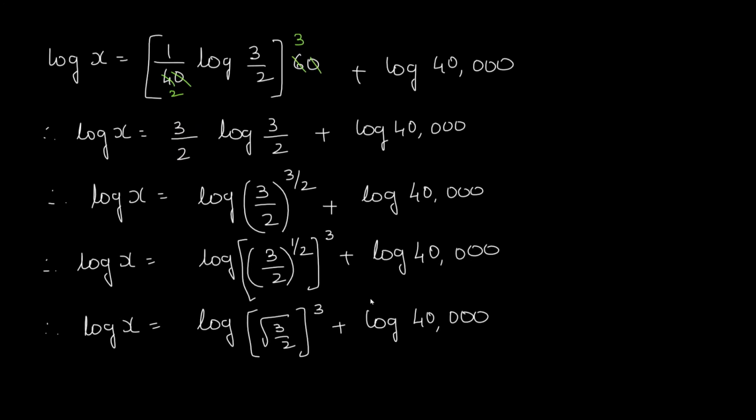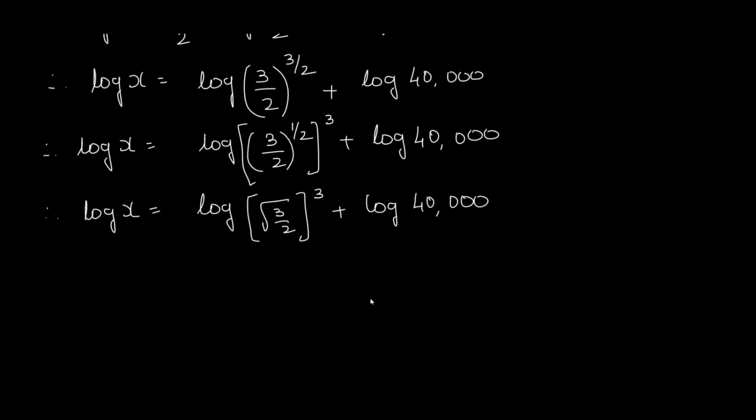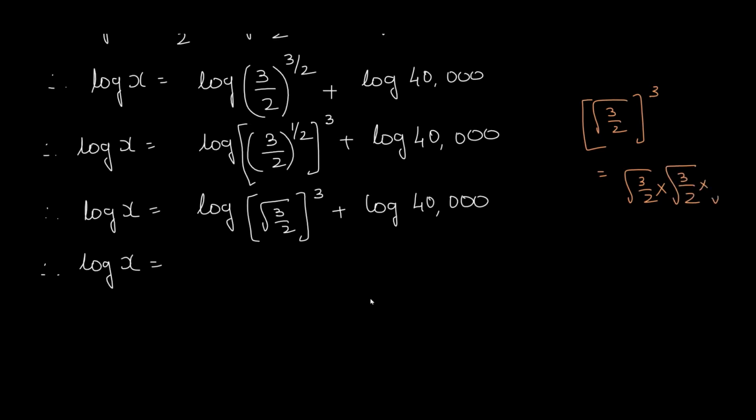Now this log of root 3 by 2 the whole cube can also be written this way. Let me show this to you properly. Root of 3 by 2 the whole cube can be written as root 3 by 2 into root 3 by 2 into one more root of 3 by 2.